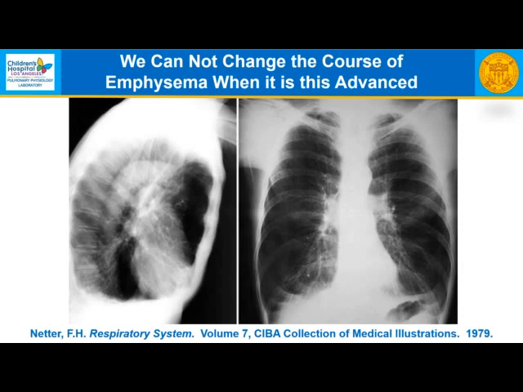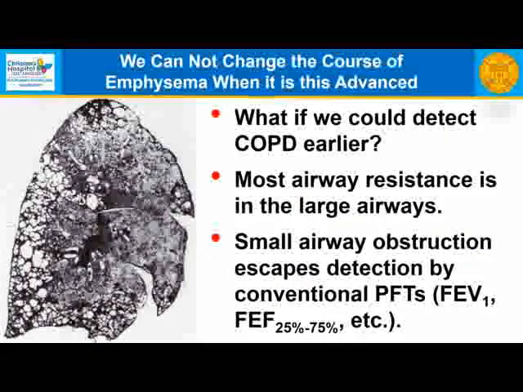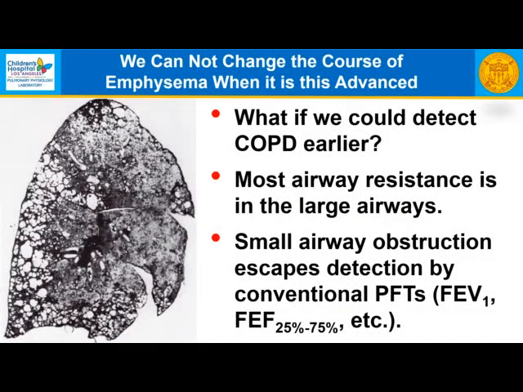And if you have a situation like this, a huge amount of hyperinflation from very severely obstructed airways due to emphysema, you can't really change the course of emphysema when it's this far advanced. You can see again, basically in the emphysema situation, there's decreased elastic support of airways, and there's just all this destruction of alveolar walls here. So the question became, what if we could detect COPD earlier?